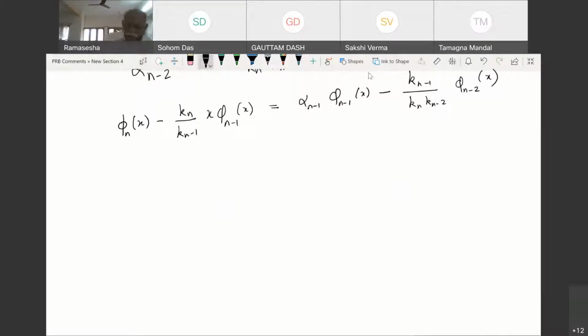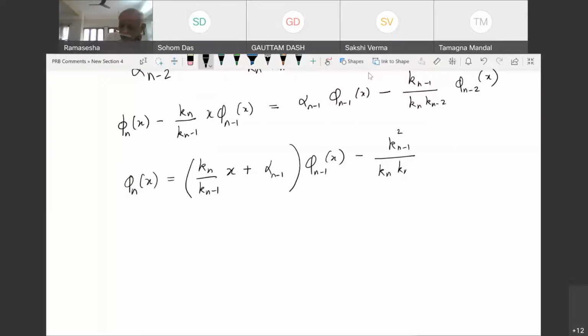I'll write P_n(x) equal to k times (x plus some constant, some alpha_n) P_{n-1}(x), and k_{n-1} upon k_n k_{n-2} P_{n-2}(x).